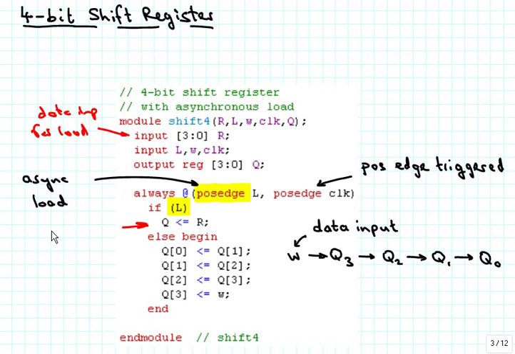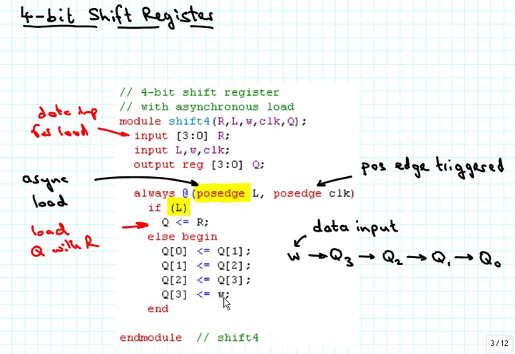So here we set, or let's say we load Q with R. And if it's not load, then it must have come from the positive edge of the clock. And then we start the shifting operation here.